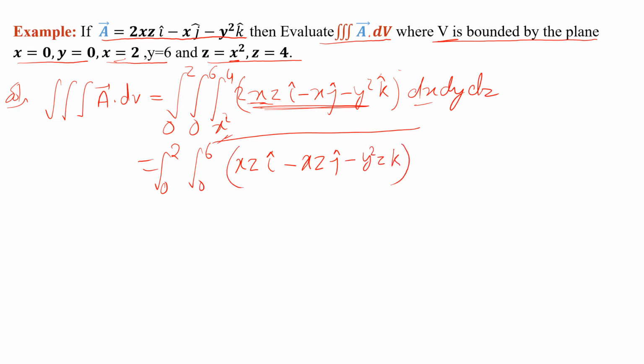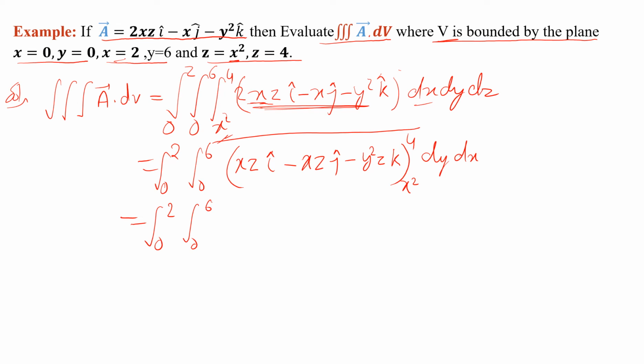We put the limits z from x² to 4, dy dx. So 0 to 2 is the limit of x, and now the limit of y is 0 to 6.